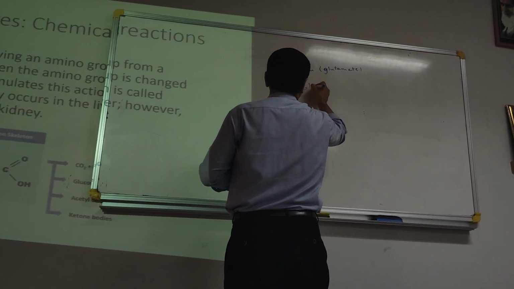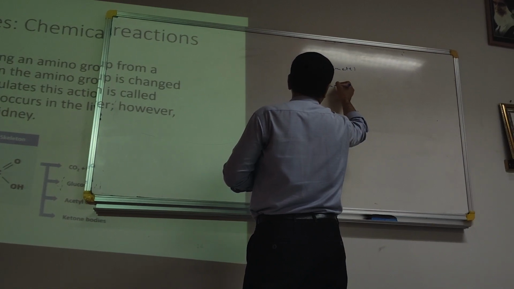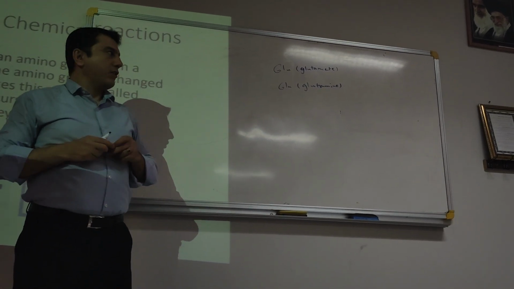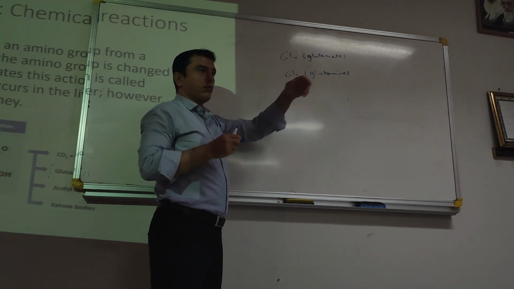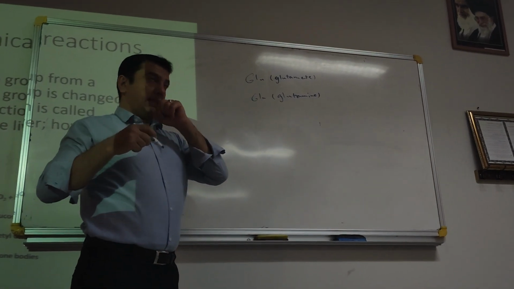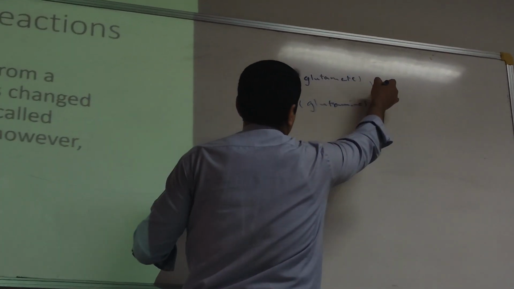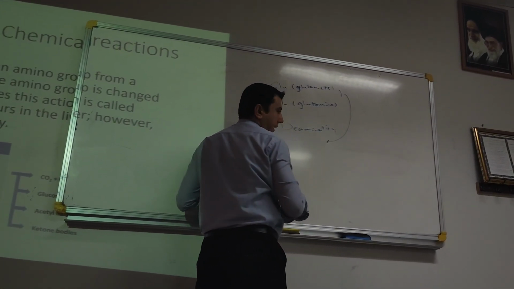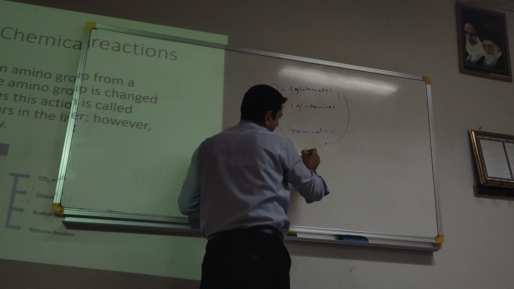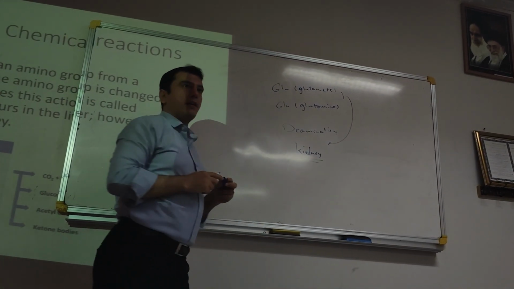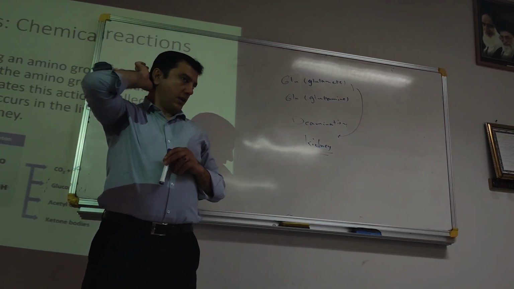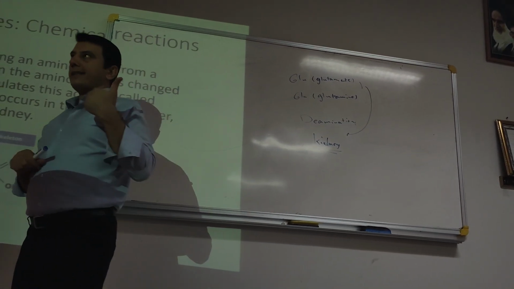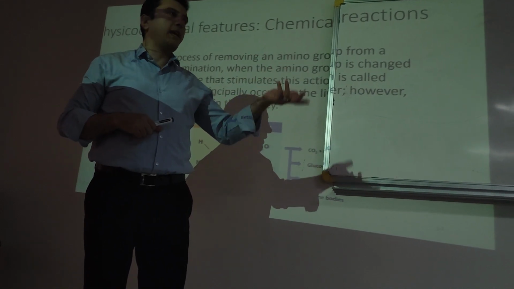Read these names. Just for these two amino acids, the deamination reaction can also happen in the kidney. I will let you know why this reaction happens in the kidney just for these two amino acids.